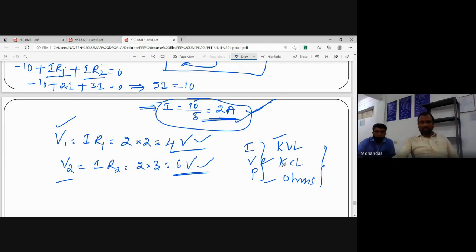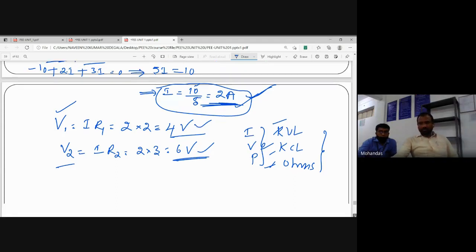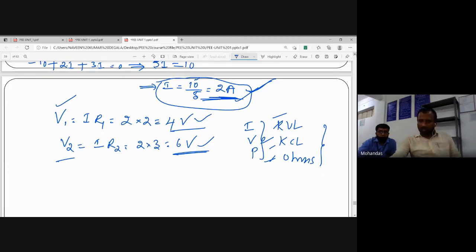If some typical problem comes, then we will use theorems, or series and parallel connections, or for a somewhat complex circuit, star-delta conversion. So the basic laws are Ohm's law, KCL, KVL. If you are thorough with these conventions and statements, and the application of the sign convention for KVL and KCL, it is very simple. In the next class we will do some more problems on KCL, KVL and Ohm's law.